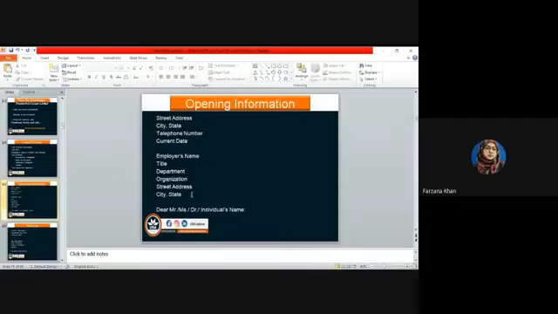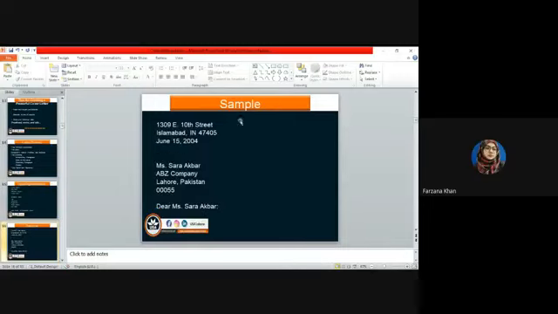If you are not aware of the name, then you can simply write Mr. or Miss. If the gender is clear, then you can write Miss or Mr., and then the designation if you are not aware of the name of the person.